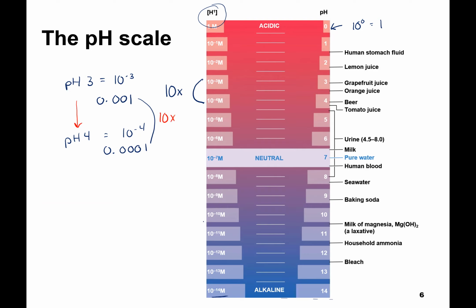And as you increase the pH, you're decreasing. So pH 4 has 10 times less hydrogen ions than pH 3. This is a smaller number than this number, and it's smaller by tenfold.